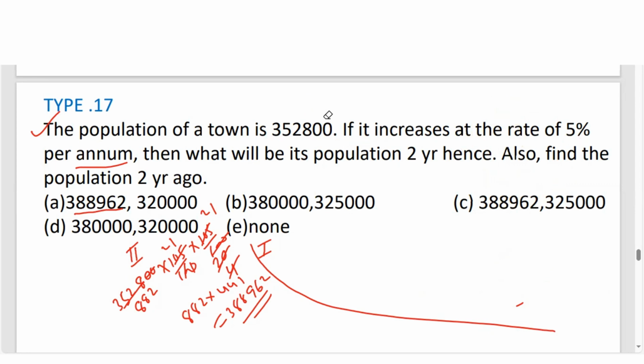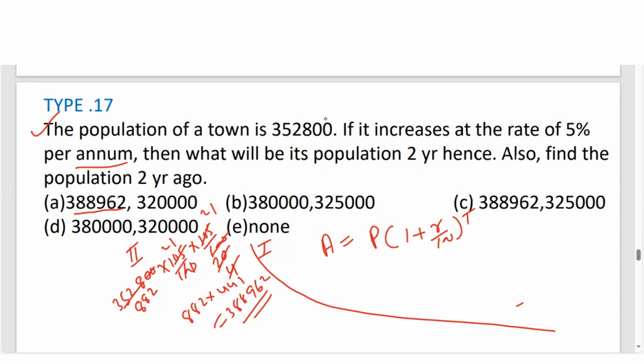If first we use the same formula, that means amount, the increased value, equals the original value into 1 plus rate of increase divided by 100, to the power of time. Here the increased value after 2 years is not given. Here it says find the population 2 years ago.